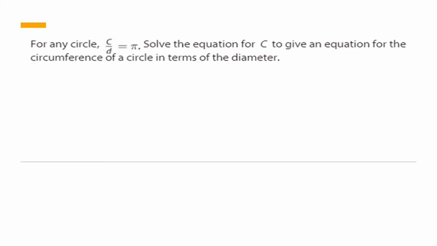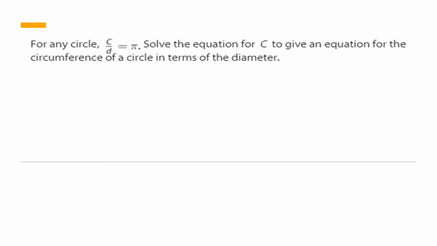Because this ratio, C divided by D equaling pi, works for any circle, we can use this to develop an equation to find the circumference of any circle in terms of its diameter.